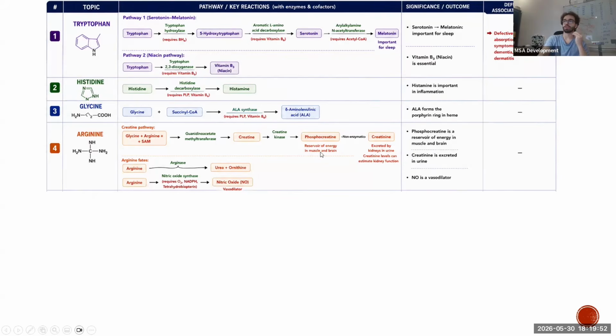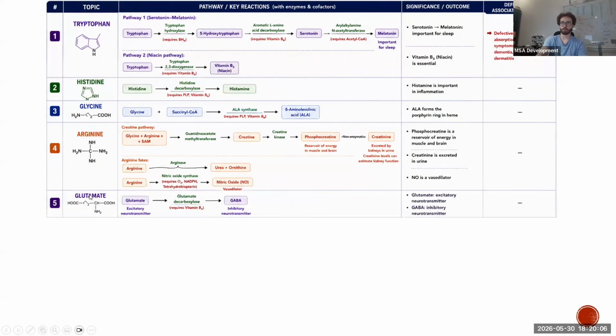Phosphocreatine is basically the reservoir of creatine, and it keeps energy in the muscle. That's the function of creatine. How do we get rid of creatine? By changing it into creatinine. Okay? That's all I want you to know from this section. And then we have glutamate. Glutamate, guys, is an excitatory neurotransmitter.